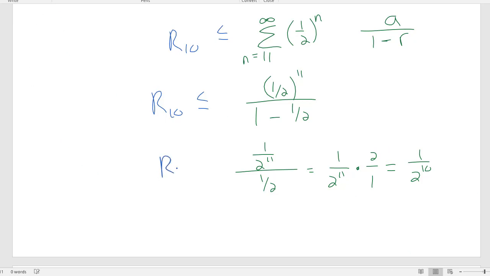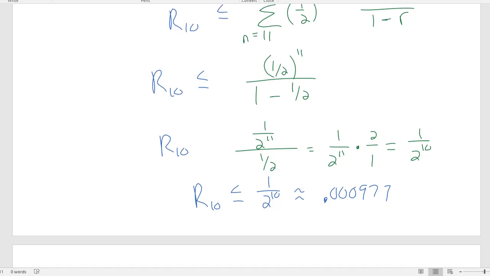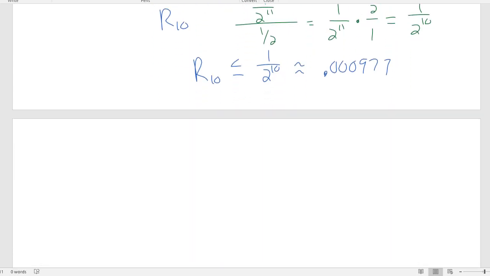So the remainder, my error of using the first 10 terms of the series I tested, compares to the remainder of the known convergent geometric series 1/2 to the n. Now, if I take out a calculator, this is about 0.000977 if I round. Now, this is pretty small compared to what I might get from a p-series.